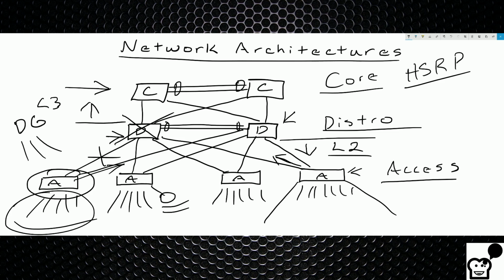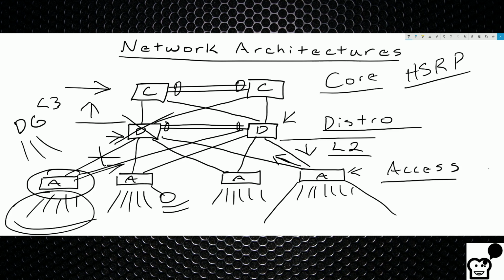So if you had a default gateway IP set on distribution 1, if distribution 1 went down, your clients wouldn't know where to send traffic. So even if you had a connection through distribution switch 2, your clients wouldn't fail over to it because they have a specific default gateway set. And even if you had a different DHCP server running, you'd have to wait until your lease timed out to grab the new default gateway.